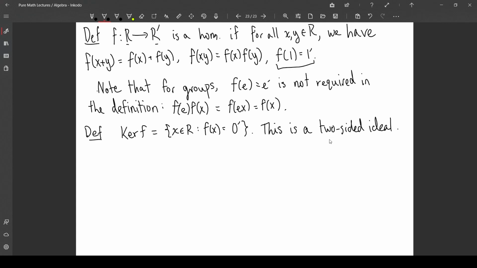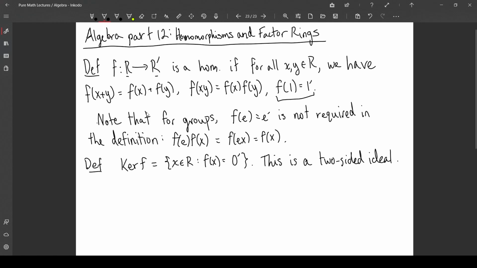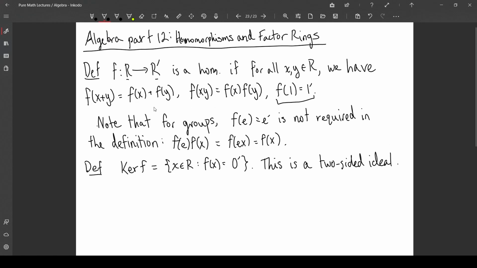Okay. So remember, two-sided ideal means that this is closed under addition, and it is closed under multiplication by r on both sides. And this is true. This just follows from the homomorphism properties. It's closed under addition because f of x plus y is equal to f of x plus f of y. So if f of x and f of y are 0, then their sum is 0. So x plus y is in the kernel.